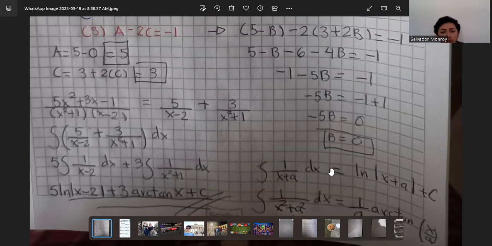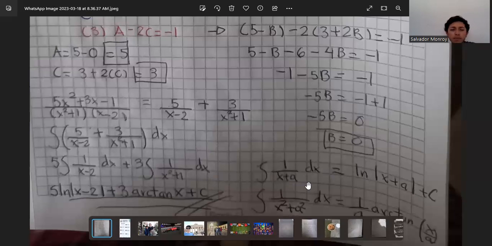For the first one, we need to use the logarithm. The result is going to be 5 times the natural logarithm of the absolute value of x minus 2. For the second fraction, it is going to give us 3 times the arctangent of x plus C. These two integrals are just simple formulas.